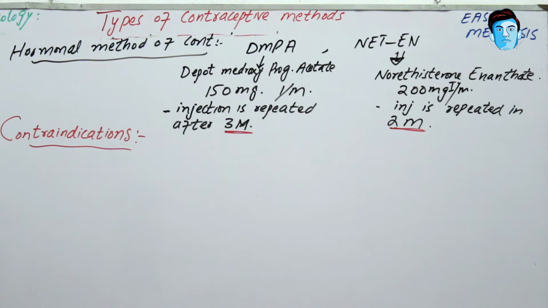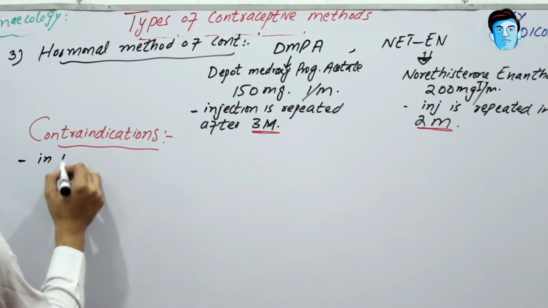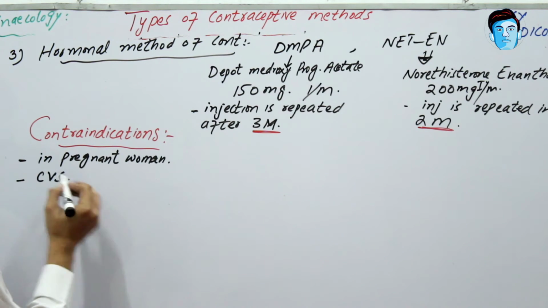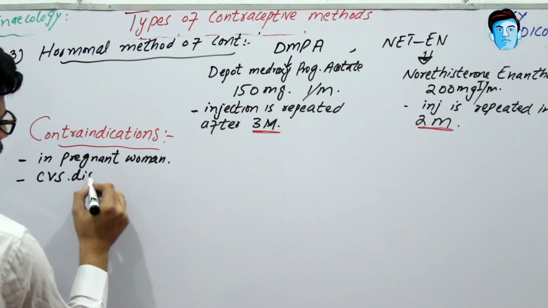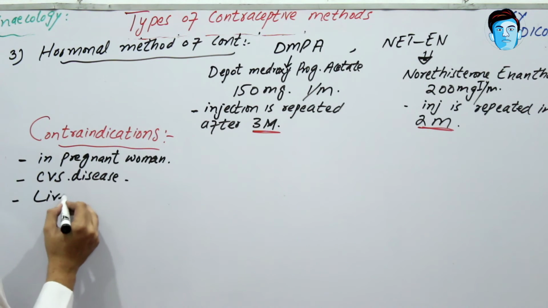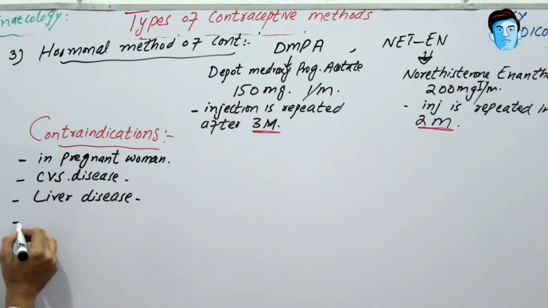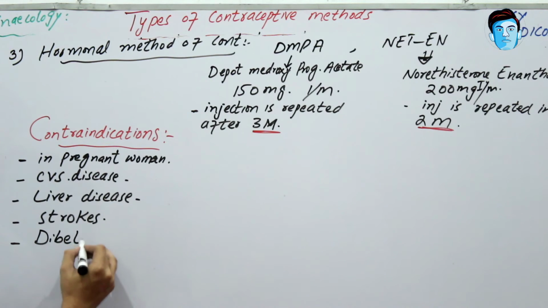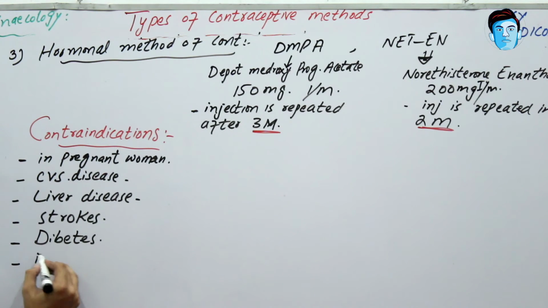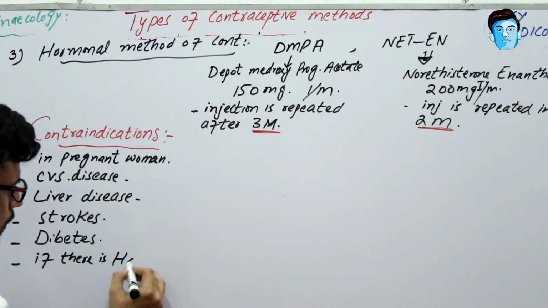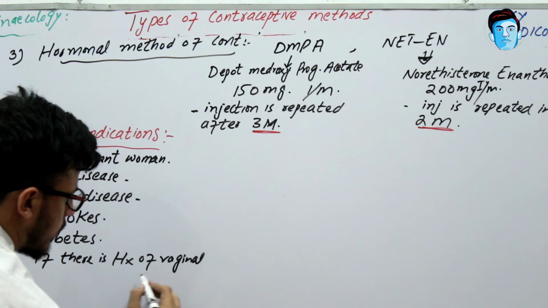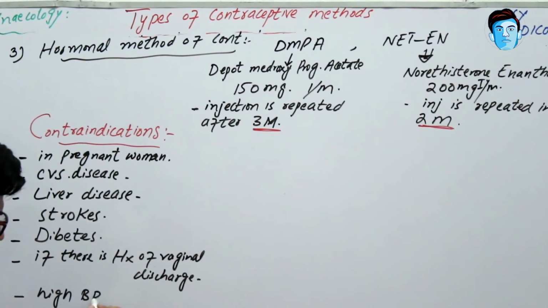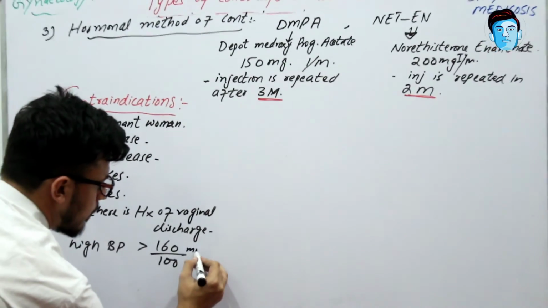The contraindications are if there is a pregnant woman, if there is any cardiovascular disease, if there is liver disease, even if there is stroke, if the lady is diabetic, if there is a history of vaginal discharge, and if there is high BP, like more than 160 by 100 mmHg.